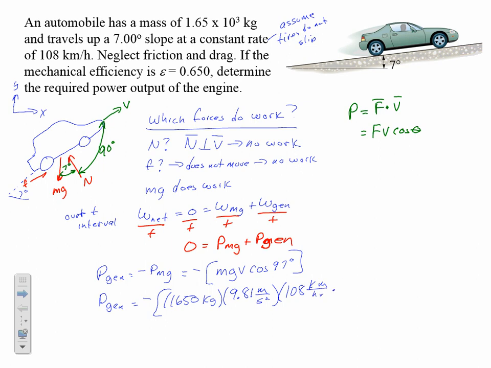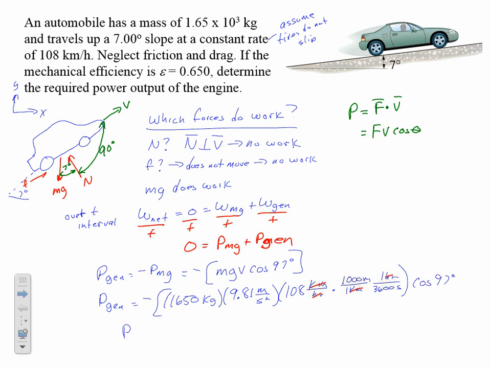So I'm going to divide 1,000 meters by 1 kilometer and divide 1 hour by 3,600 seconds. And I end up with a velocity in meters per second. All right, so that's my velocity converted to meters per second. And then I have the cosine of 97 degrees.